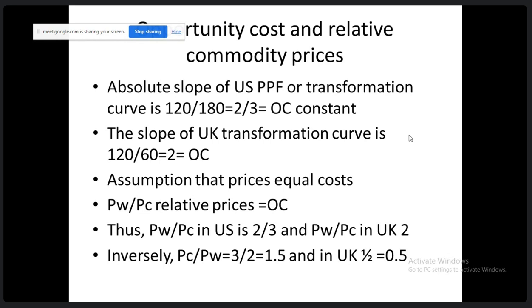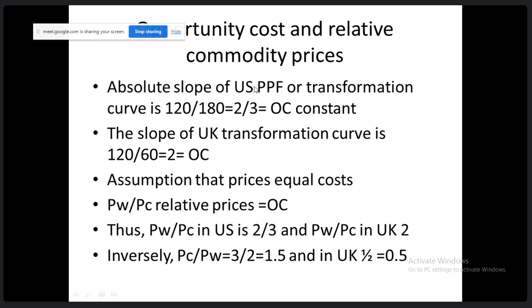Now we are saying that prices equal cost. When will the price equal cost? Our assumption is perfect competition. So we are saying that price is equal to cost.